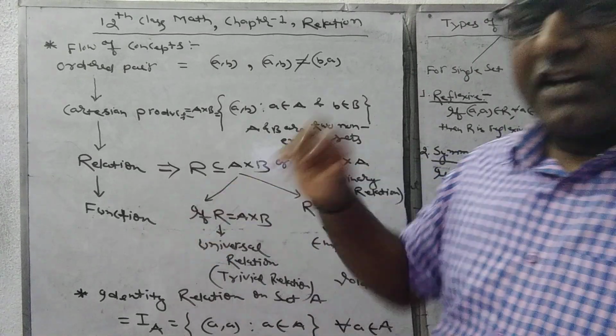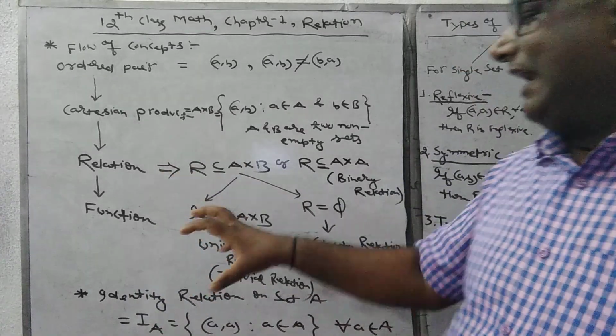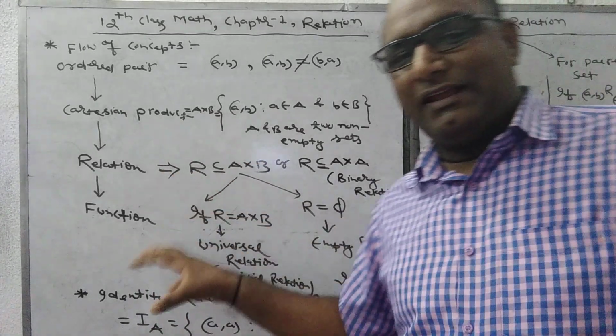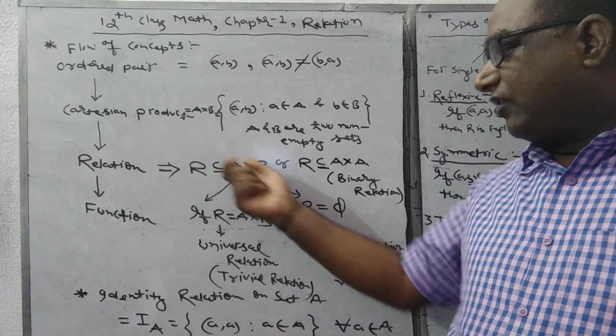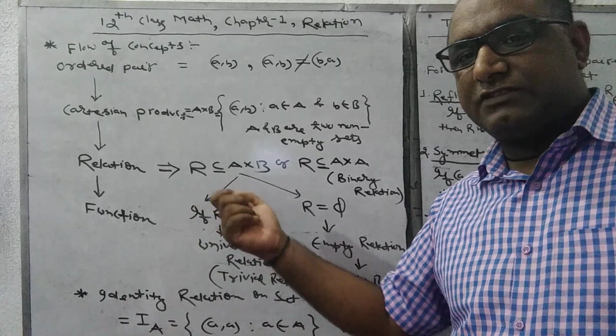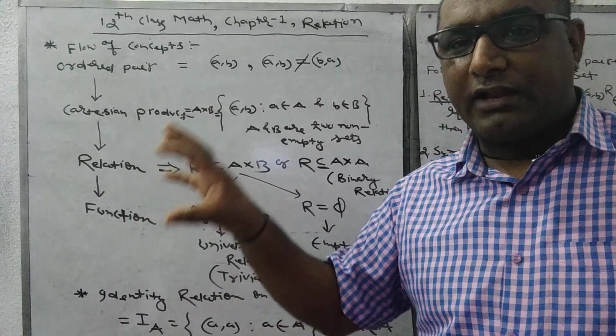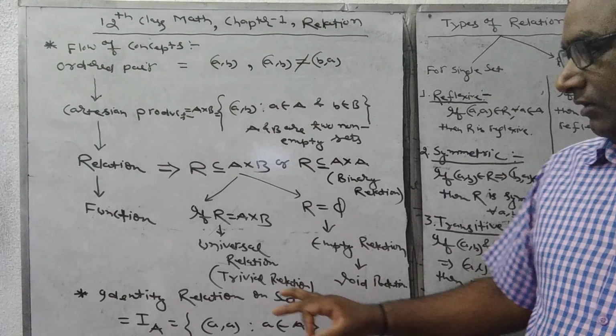Similarly, a relation is a condition, a rule imposed on A cross B, the two sets A and B, and you can choose a pair from A cross B. But that pair must satisfy the given rule or regulation defined in the relation.